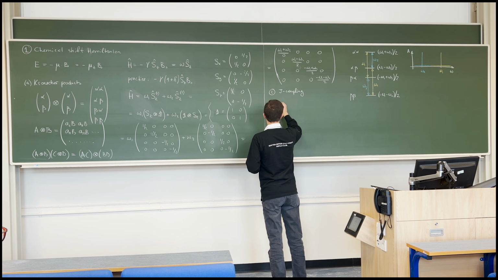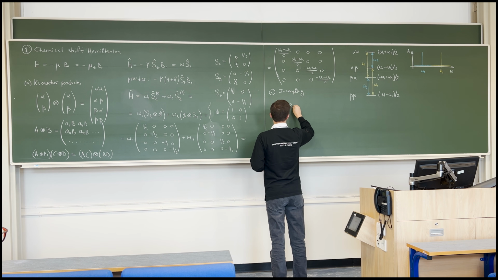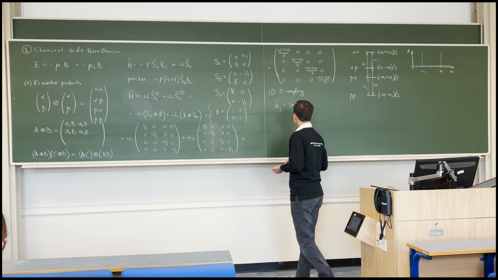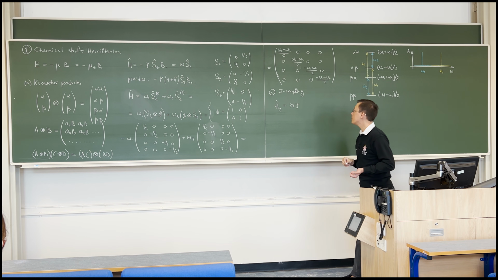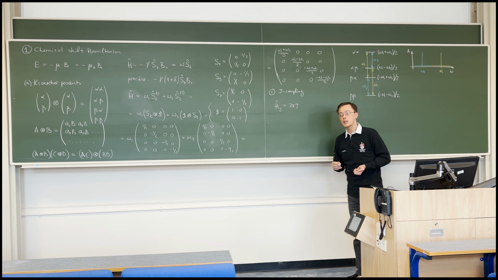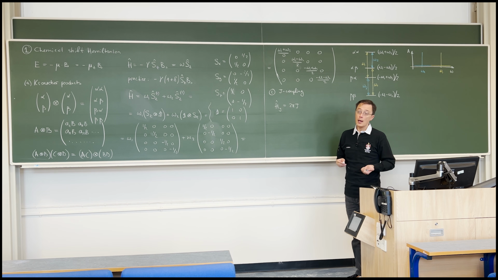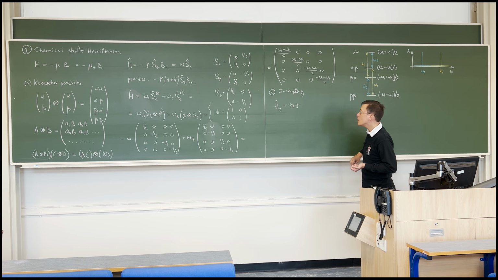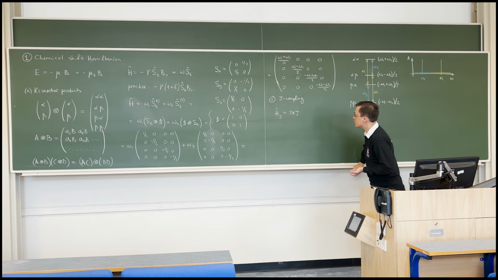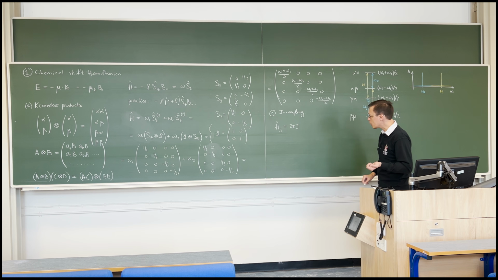H J is 2 pi j, and the reason there is 2 pi here is, again, blame the history. In magnetic resonance, J-couplings are always measured and cited in hertz, and in quantum mechanics, of course, you know that we need radians per second, so this somewhat unusual 2 pi is just stuck in the formalism across every textbook you've ever seen.